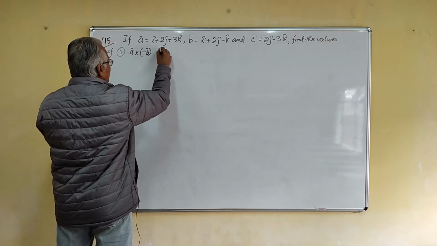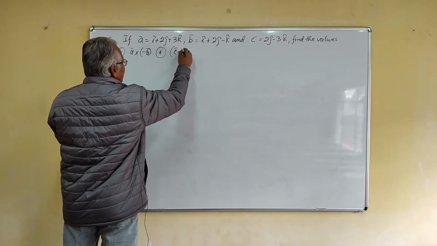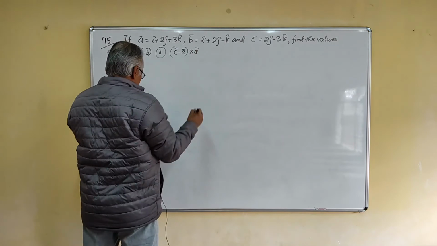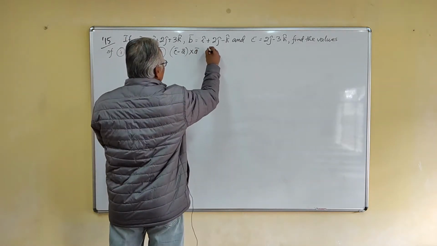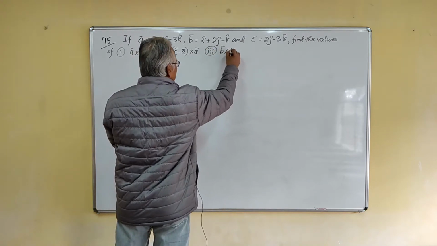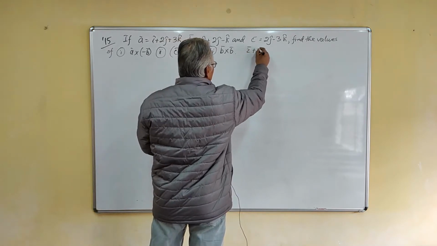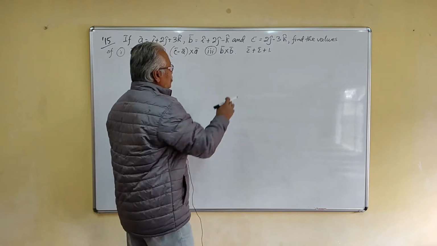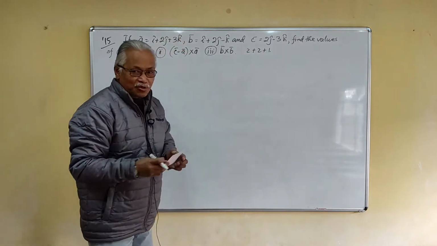Number two, C minus A, right, into vector A. And then last of all, number three, B cross B. B cross B. That's right. And the marks allotted was like this: 2 plus 2 plus 1. So the full marks, sorry, I put the vector sign on the top of that. 2 plus 2 plus 1.